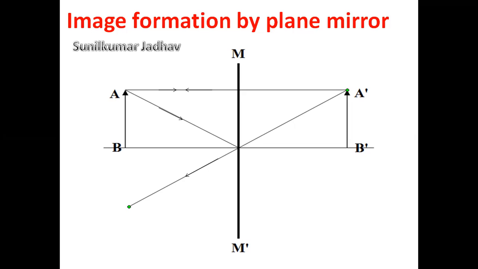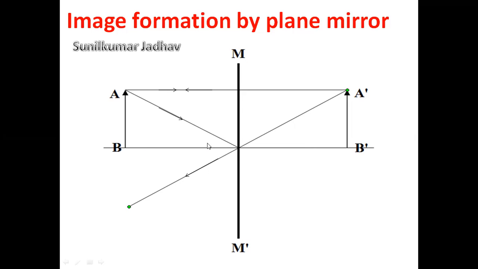It is a question that if I say that the image is at 5 meter, how will you measure? Can you go inside the mirror to see this image? That is simply impossible. In that case, what do we do? You can just try to move towards the mirror. You will see that the image is also coming towards the mirror, and when you keep your head exactly touching the mirror, you will see that the image is also touching the head at the same point.